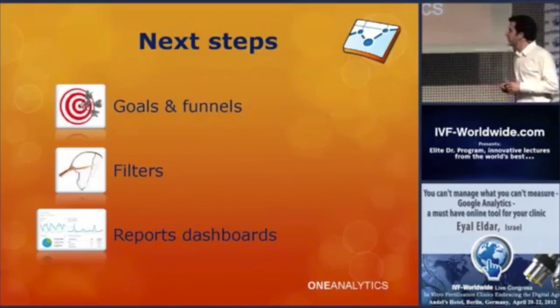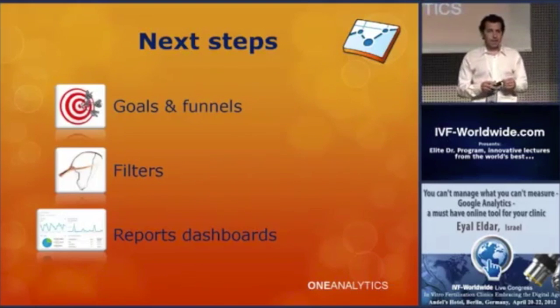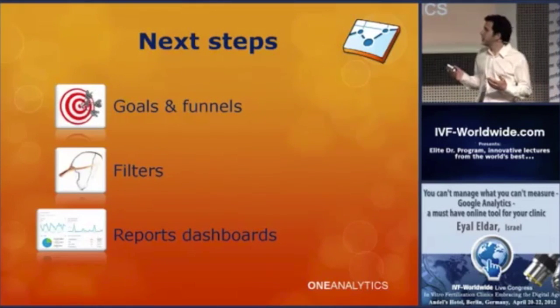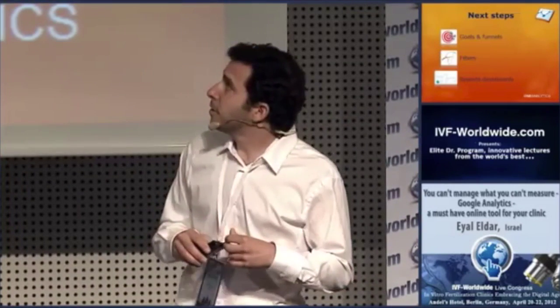A couple of next steps, some extra things that you want to do after the initial implementation. These are things that you can do yourself through the reports interface. So one thing is regarding goals and funnels. The funnel visualization report that we've seen will only work if you have defined a goal.